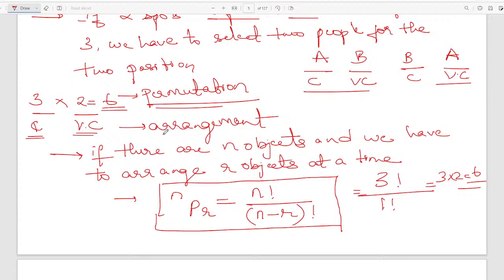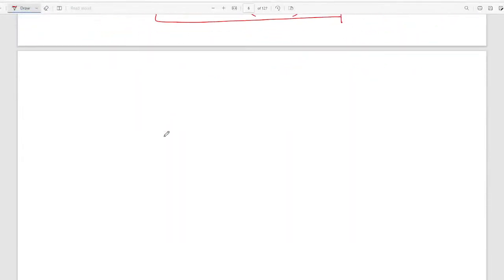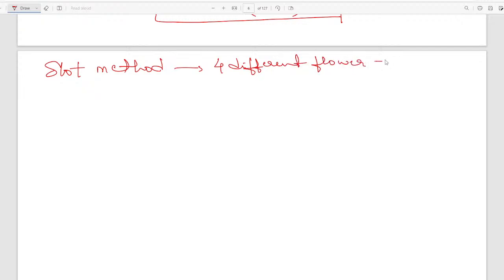Okay. See, for example, in the slot method, there is arrangement. For example, if there are 4 different flowers, let us call them F1, F2, F3, and F4. These flowers have to be arranged in a row consisting of 2 spots.